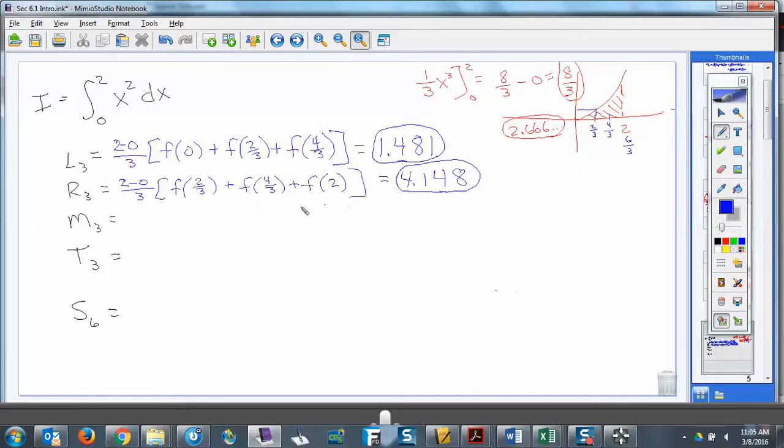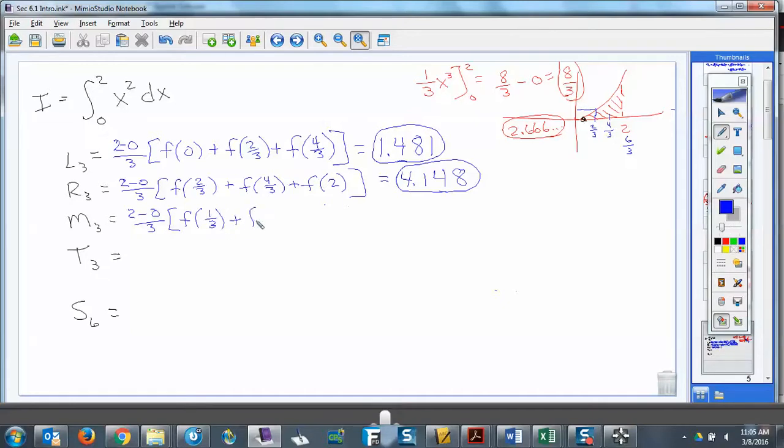Okay, midpoint. It's a little more interesting here. Midpoint would be, again, 2 minus 0 over 3, b minus a over n. And then what's the first midpoint? 2/6, which would be 1/3. So I'm just going to put 1/3, F of 1/3. I'm not worried about seeing a pattern here.